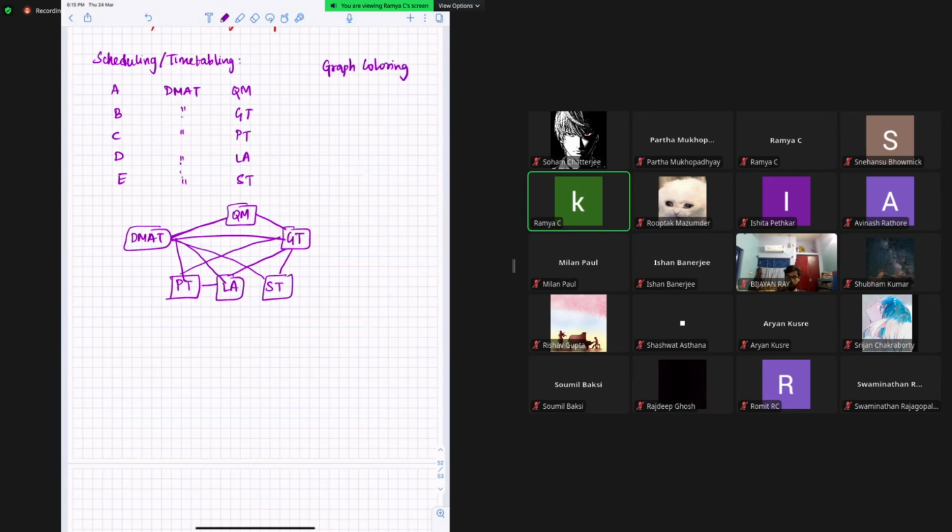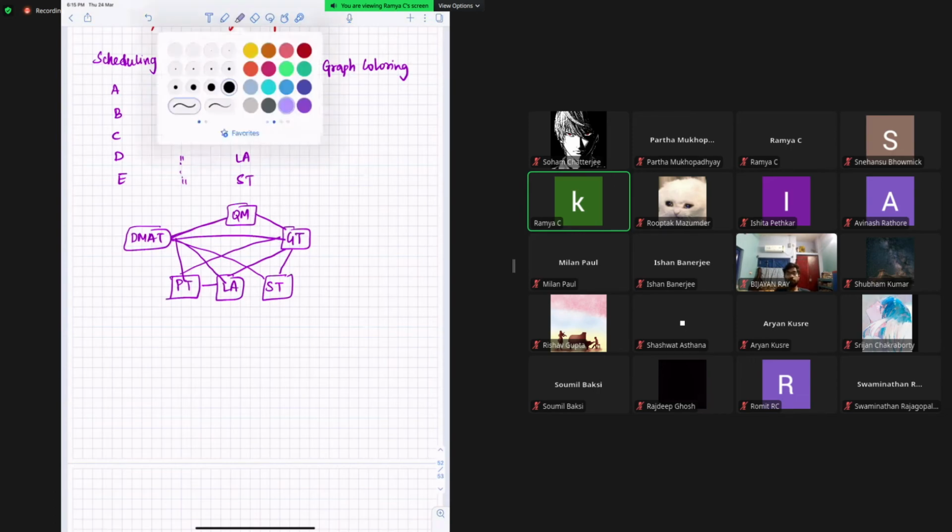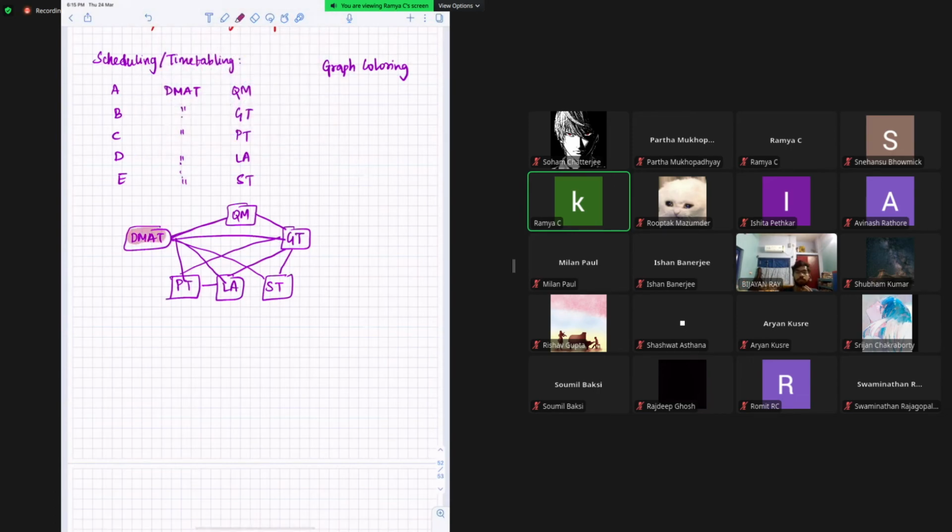So what we want to do is color the vertices of the graph such that, can somebody fill it for me? What is the goal in timetabling? I'm going to give colors to these vertices. It's a very nice topic in the sense that you will all be interested.